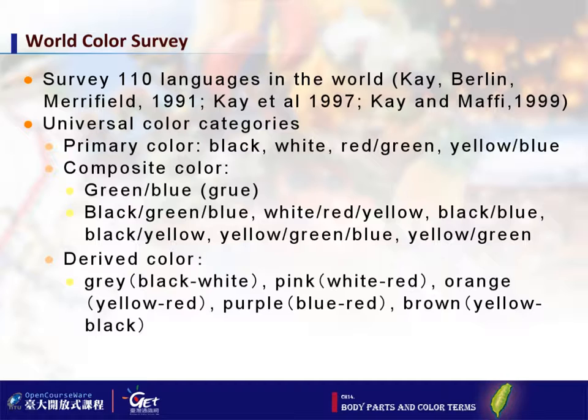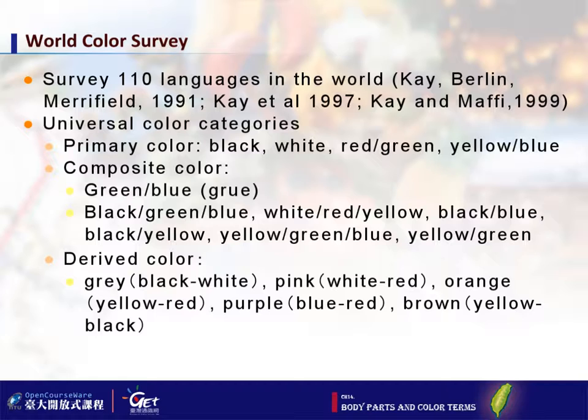The new term called GRUE refers to green and blue. Or you have black, green, and blue referring to the same one, white, red, and yellow, or yellow, green, and blue.